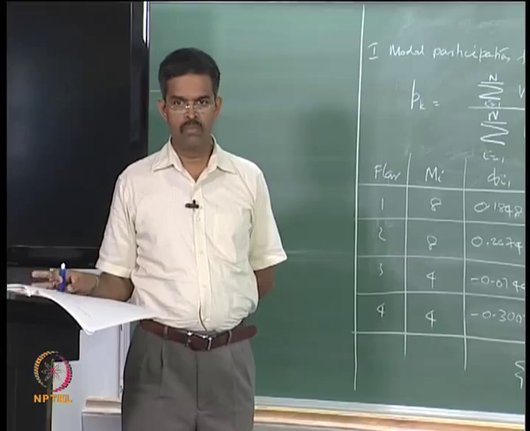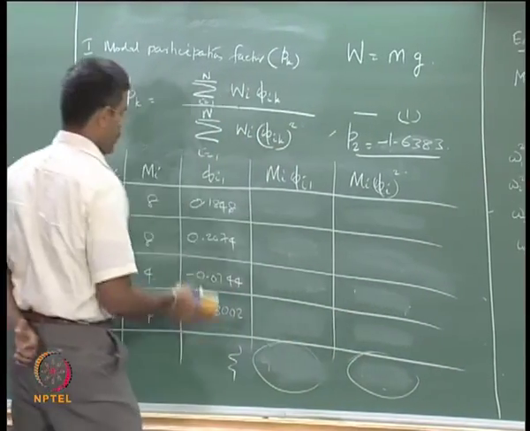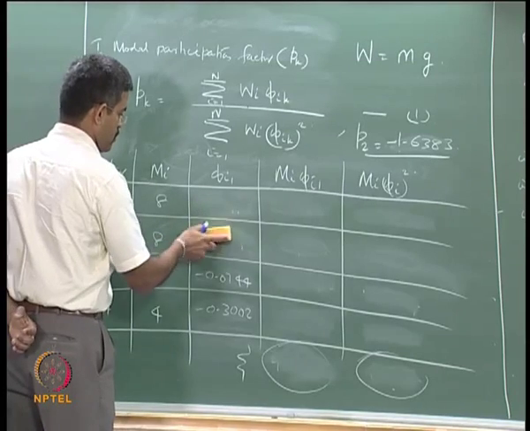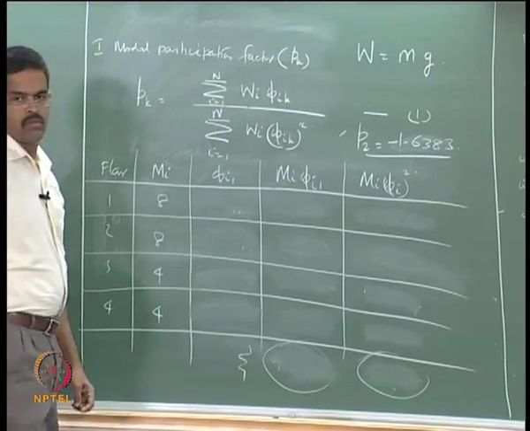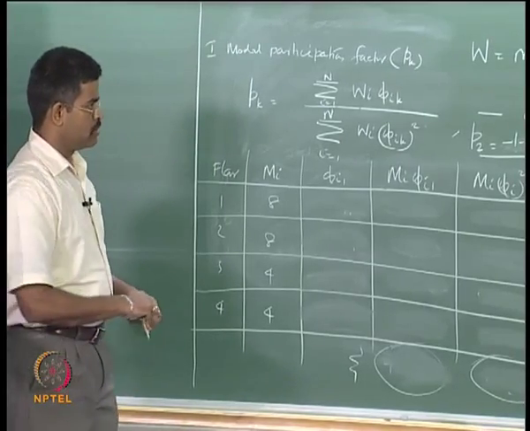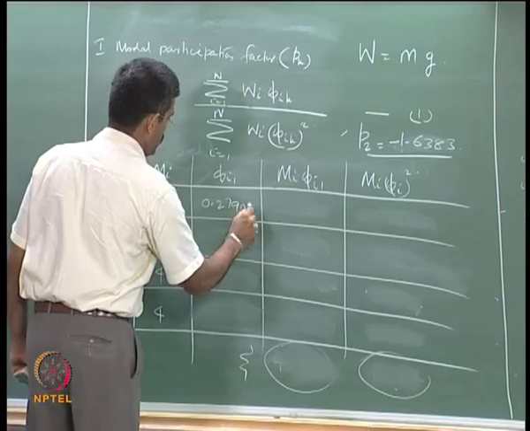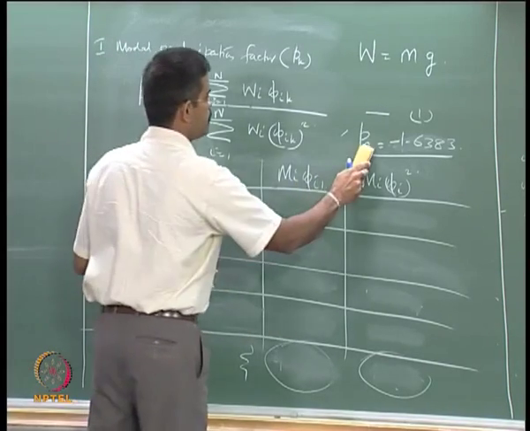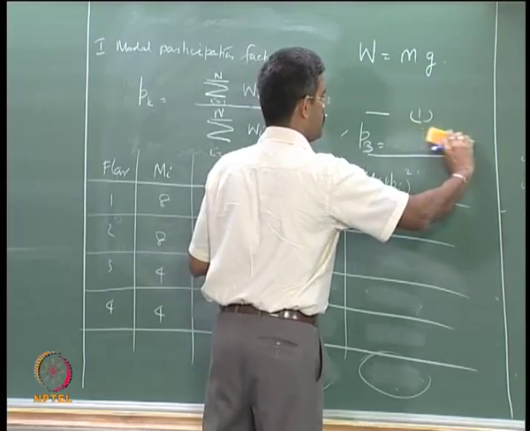Is it okay? Let us quickly get P3. So, for P3 I should replace the second column here by the third column of my mode shape, 0.2790. I am looking for now P3. So, P3 value will now change.